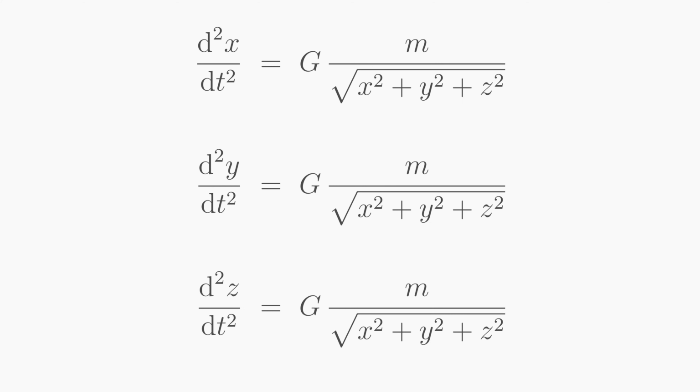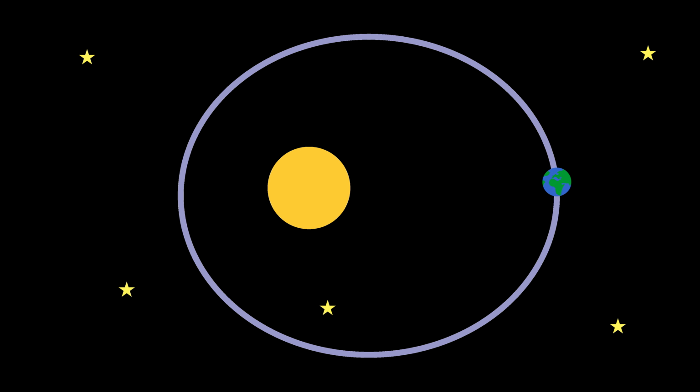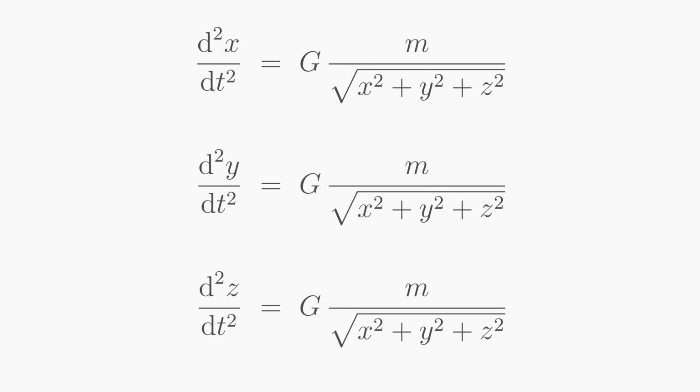Let's look at a slightly more complex example. This system of differential equations describes how a mass moves in a 3-dimensional gravitational field. Here you have a so-called coupled differential equation system. In this case, a single differential equation is not sufficient to describe the motion of a mass in the gravitational field.